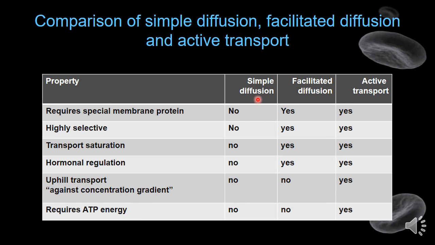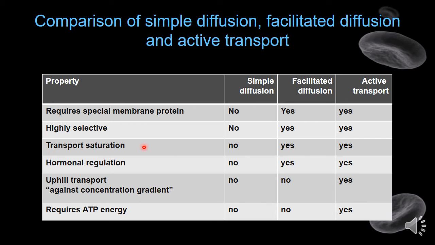If you come to this column for simple diffusion, you can see all these properties are negative. There is no requirement for protein. It is not highly selective. Sometimes it is selective, but it is not highly selective.